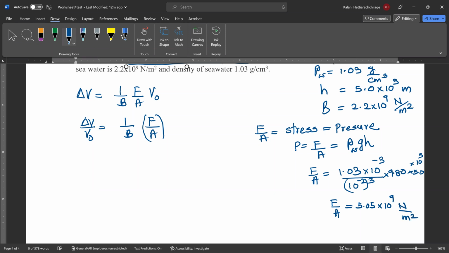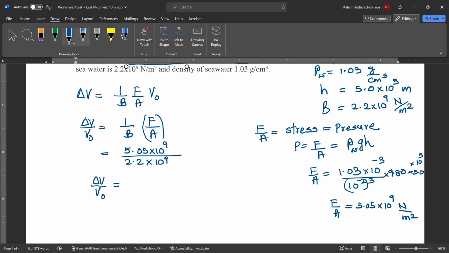So now I can plug that in here. Since B is given, we will be able to calculate delta V over V naught. So I have 5.05 times 10 to the 9, that is my F over A, divided by B, that is 2.2 times 10 to the 9. So then I will be able to calculate delta V over V naught.